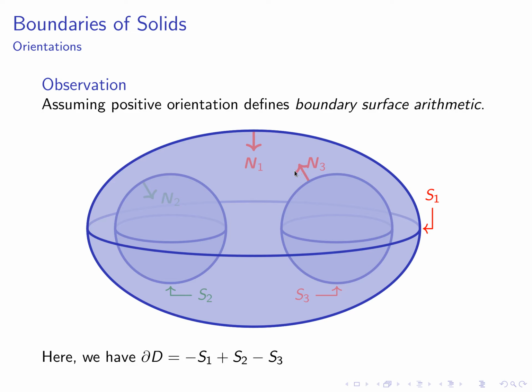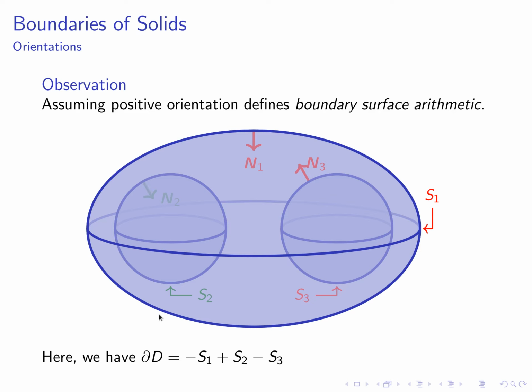So our domain in this example consists of three surfaces, S1, S2, and S3. However, S1 and S3 carry the negative orientation because their normal vectors point into the domain, whereas S2 carries the positive orientation because its normal vector points away from the domain.